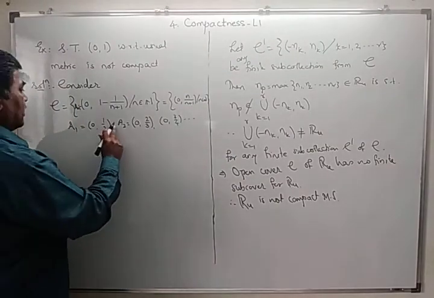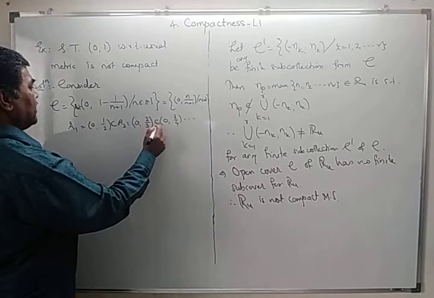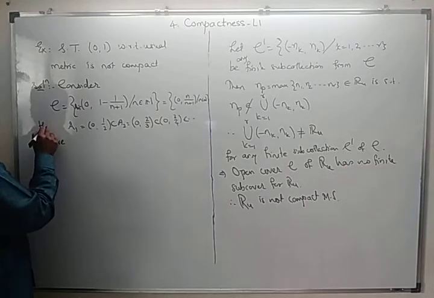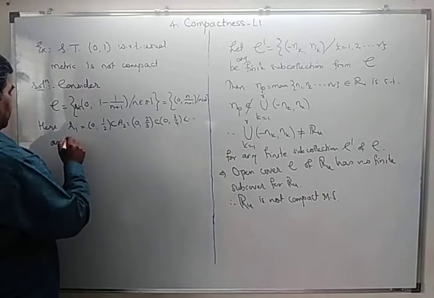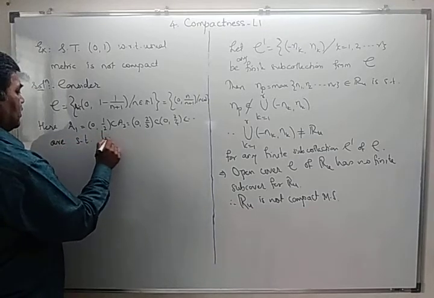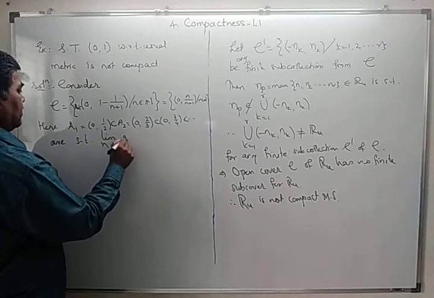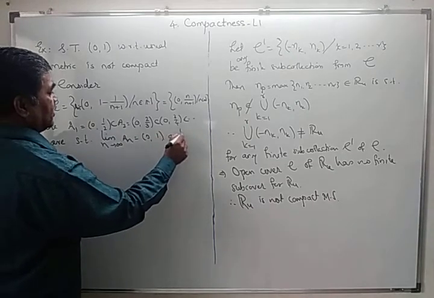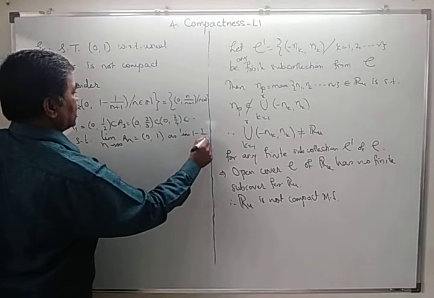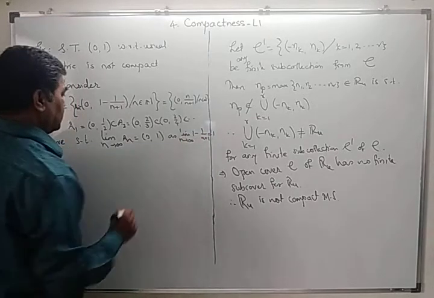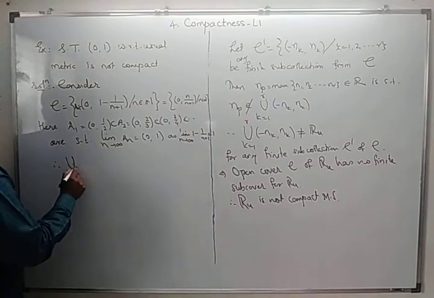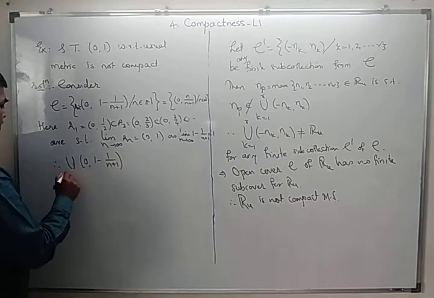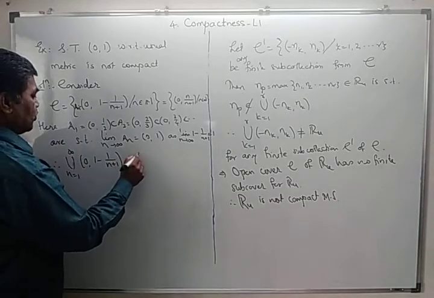So A1 is a subset of A2, a subset of A3, and so on, such that the limit as n tends to infinity of A_n is the open interval (0, 1), as the limit of 1 minus 1 upon n plus 1 is 1 as n tends to infinity. Therefore the union of A_n, or (0, 1 minus 1 upon n plus 1), n equal to 1 to infinity, must be equal to the open interval (0, 1).